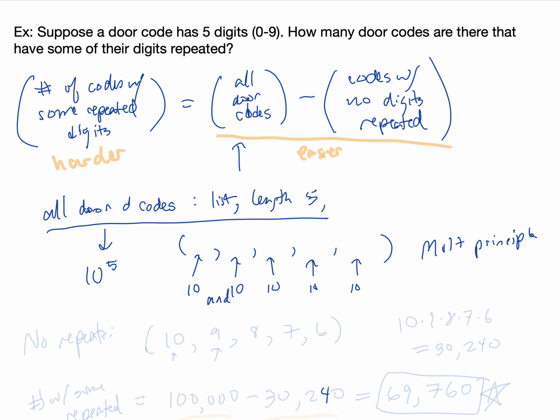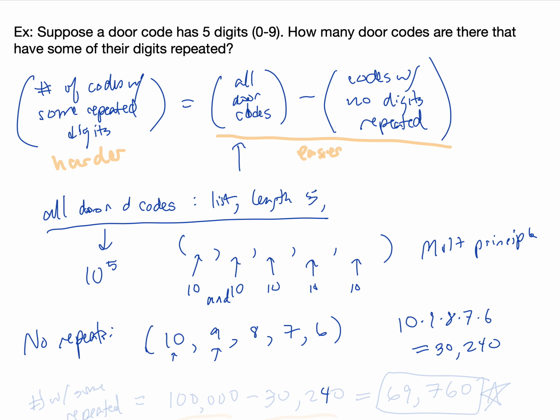What about the number of door codes with no digits repeated? We know how to handle a list with no repeats. For the first element in the list, there are 10 choices, but then there are only 9 choices possible for the next, and 8 for the next, and 7 for the next, and 6 for the next. So the total number with no repeats is 10 times 9 times 8 times 7 times 6, which we can calculate to be 30,240.